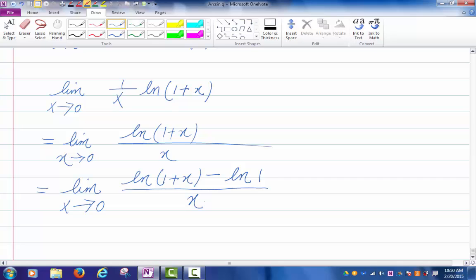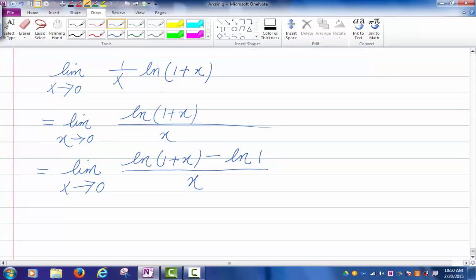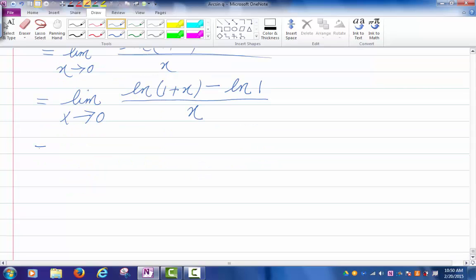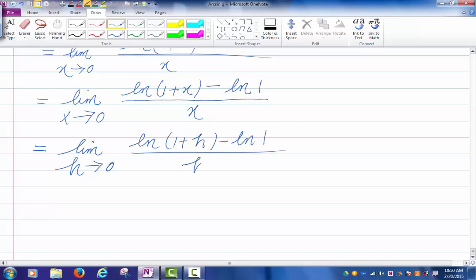But now, notice how it looks. Now I'm going to do one more step. Maybe the x there doesn't make it look like the derivative of something. Let's replace x by h. So I'm going to replace x by h. I get ln of (1 plus h) minus ln of 1, over h. And if you think about it, if I take the function f of x to be ln of x, this is just f prime of 1.